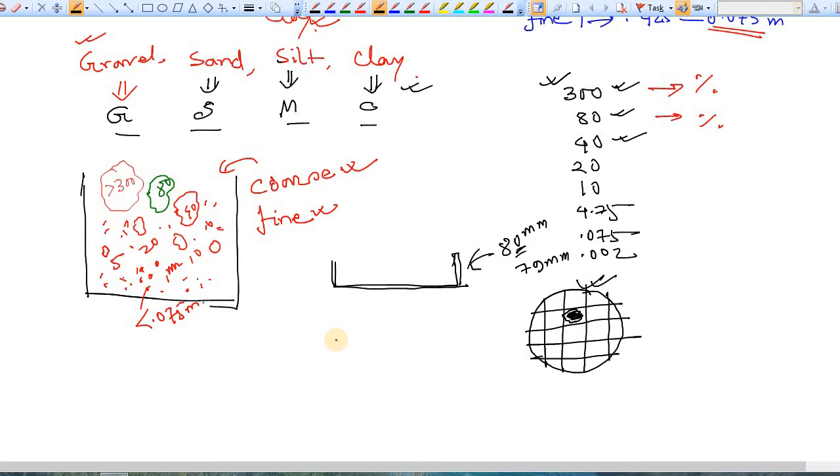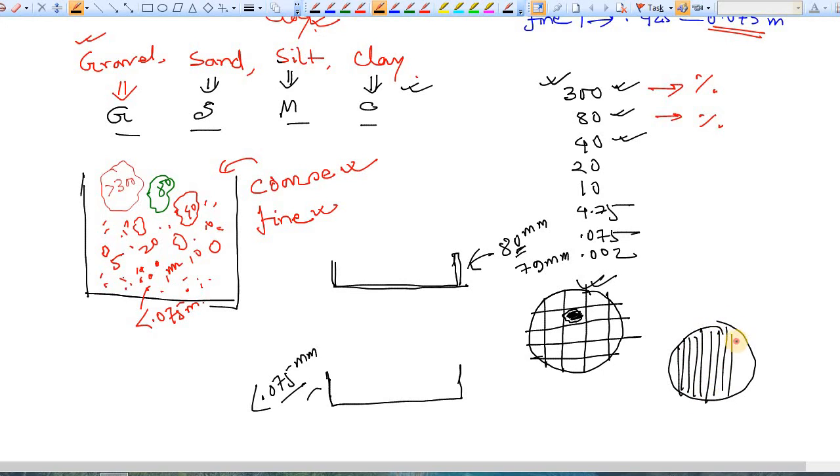Let's say we have a sieve of size 0.075 mm. This sieve will pass the particles which have size less than 0.075 mm, or the soil which is fine, and for that the opening will be very small, very much small compared to this one.